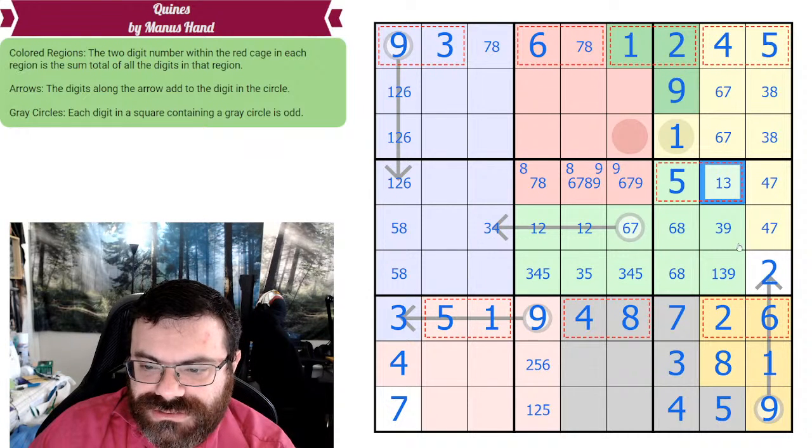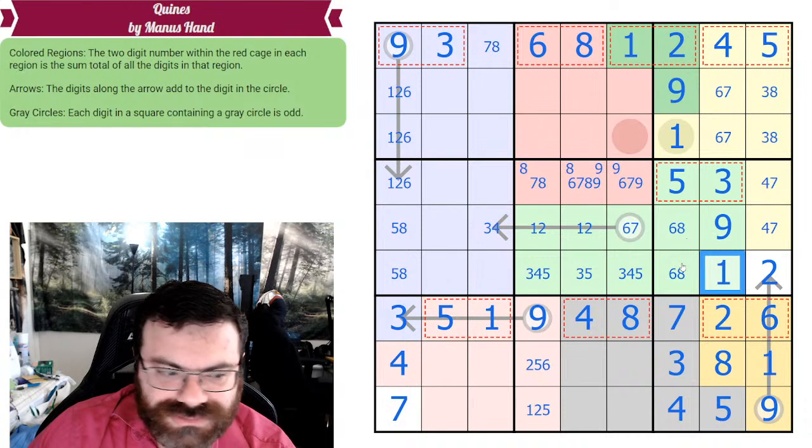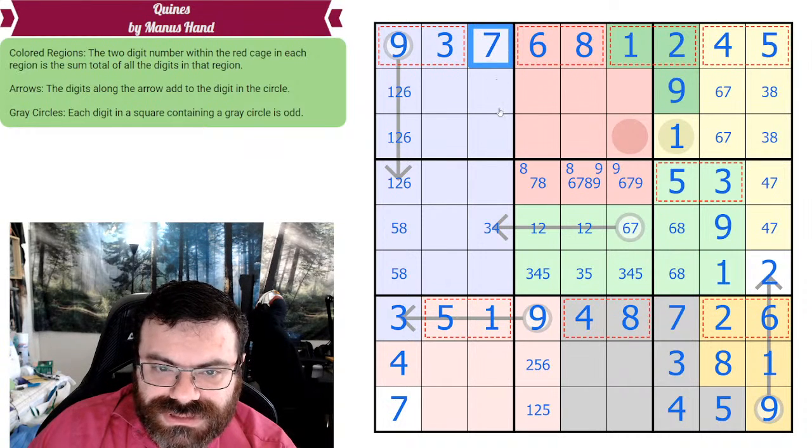That's definitely not a 9. 8 and 3 is the only way to add to 11, so that's that way. It's a 7.